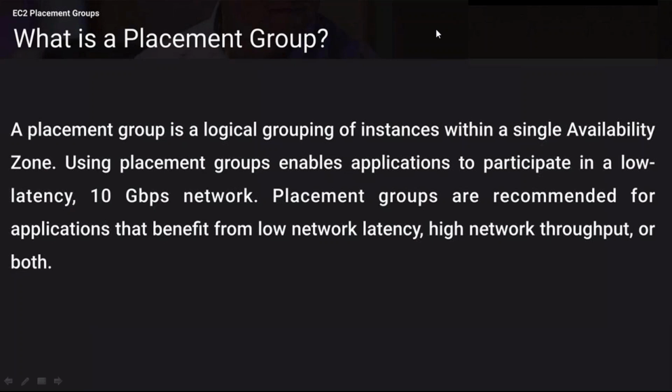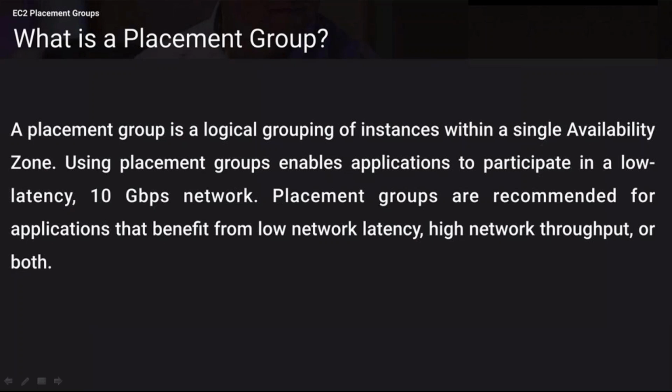Now, why do we use it? Specifically, whenever I want to achieve low network latency and high network throughput. Let's say I have two EC2 instances in the same availability zone, and one of the EC2 instances is being heavily used while the other is not used at all. If I want to leverage the network throughput of both of them at the same time, I can put them into a placement group.